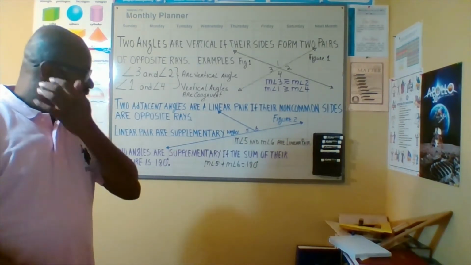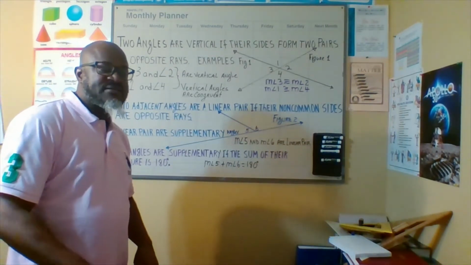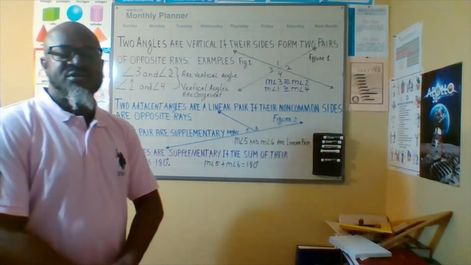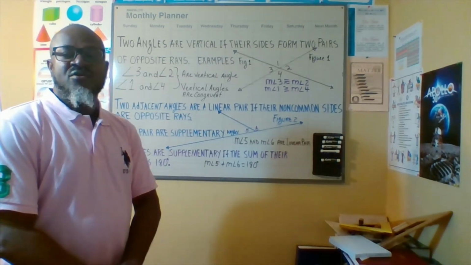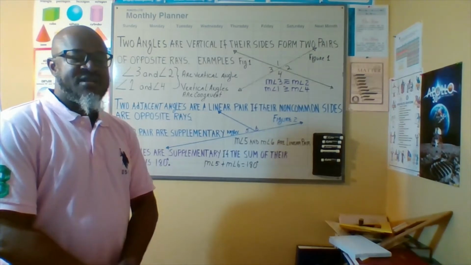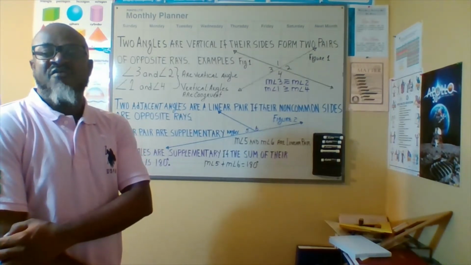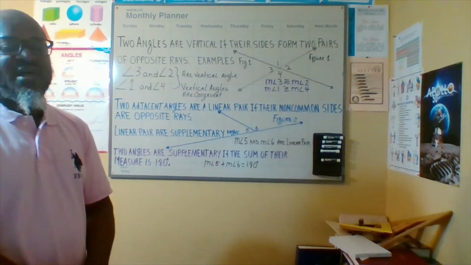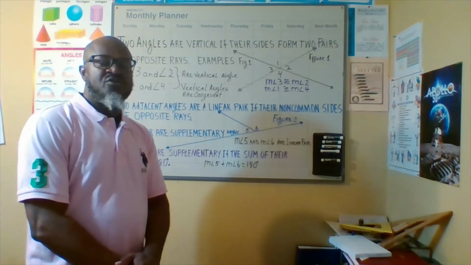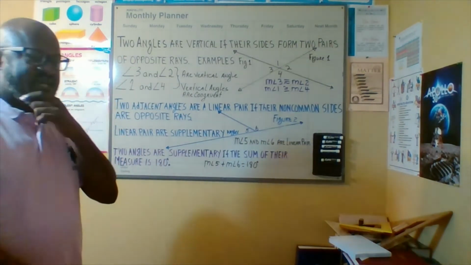So if you have two lines that intersect, you have to always identify the angles that are vertical. If they are vertical, you have to set them equal to each other. That will be your equation. Then you solve, find the variable, and most of the time replace the variable to find the measure of the angle.